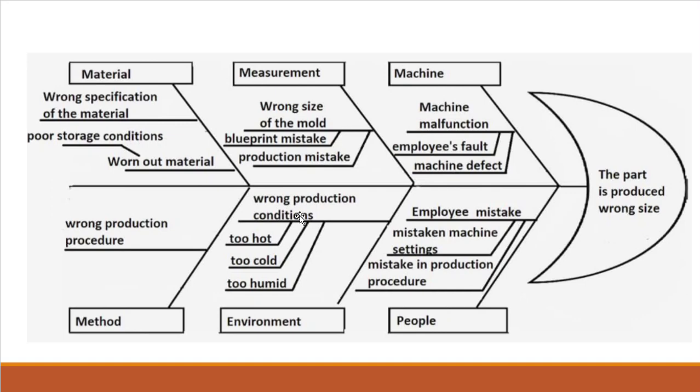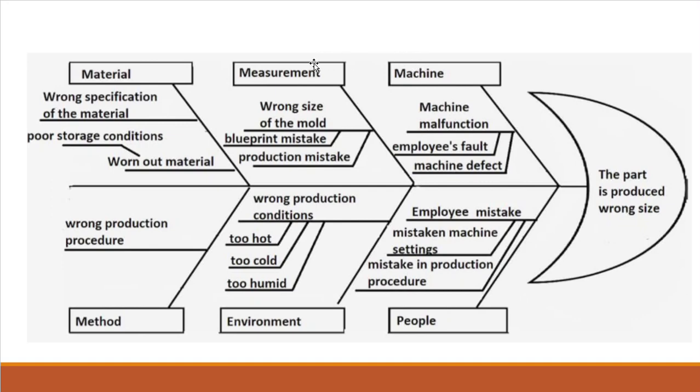So maybe that product is produced in the wrong size due to unsuitable temperature, maybe too hot, too cold, or too humid. Or maybe the part is produced in the wrong size due to the employee's mistake, mistaken machine setting, mistaken production procedure.